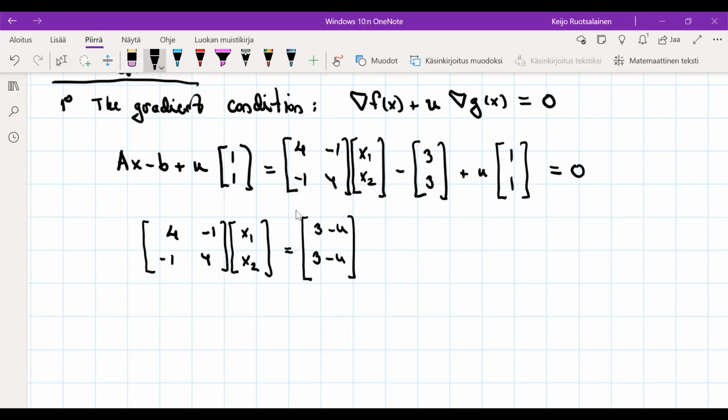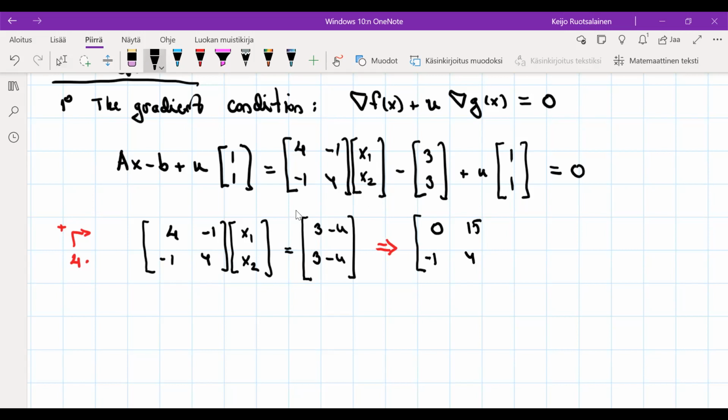So what we can do now, for example, is multiply the first row by 4 and add it to the second one. I get here 0, then 16 minus 1, so I have here 15.